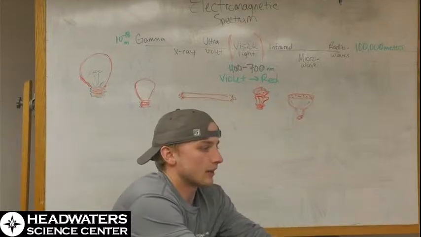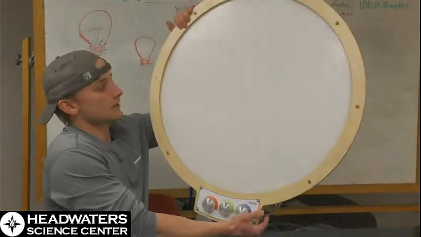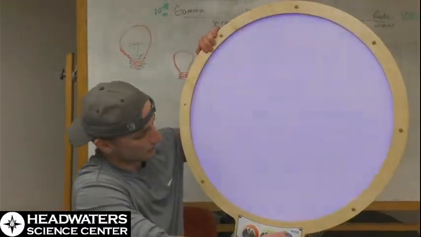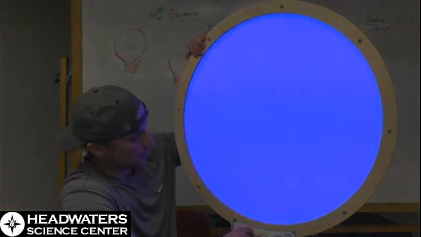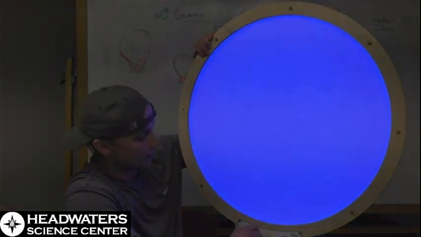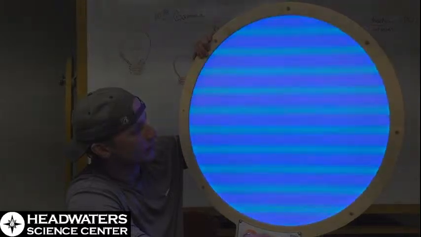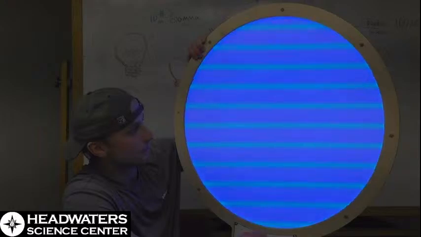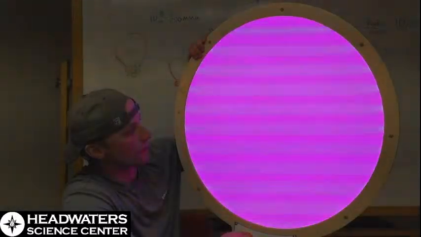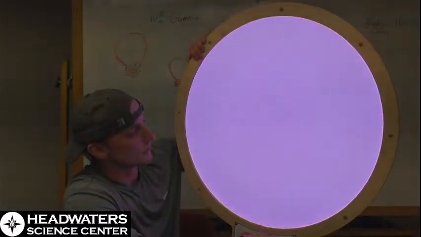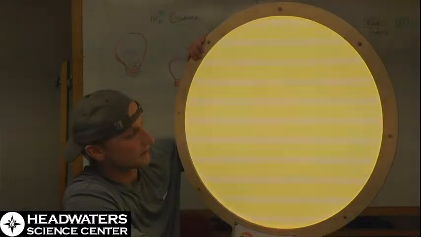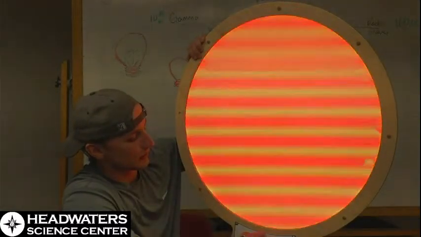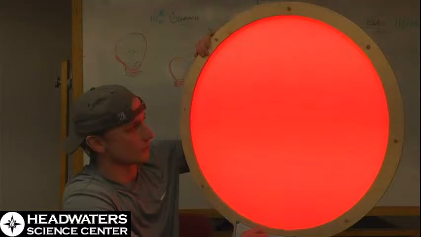So with that, we can do like a little experiment here with this, and how we start off with blue, and then you can slowly make your way into more of a cyan, and then back into more of a pink, into, hold on here, a yellow, and then finally back into red.